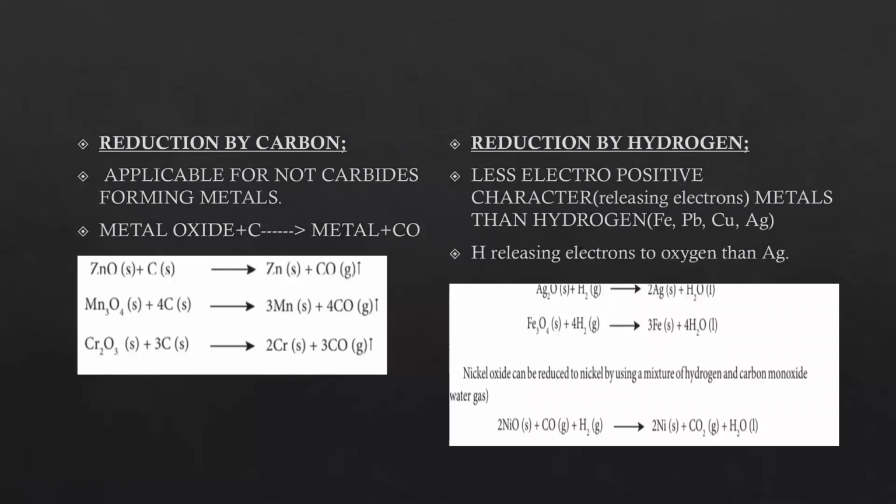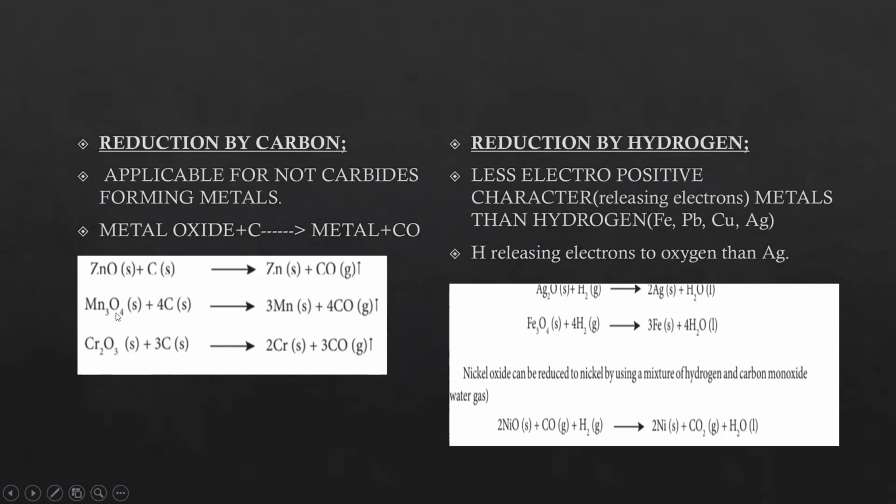The next method is reduction by carbon. In this method, the metal oxide reacts with carbon, and we get the pure metal and carbon monoxide as the byproduct. This method is not applicable for carbide-forming metals. For example, zinc oxide reacts with carbon to give zinc plus carbon monoxide as byproduct.